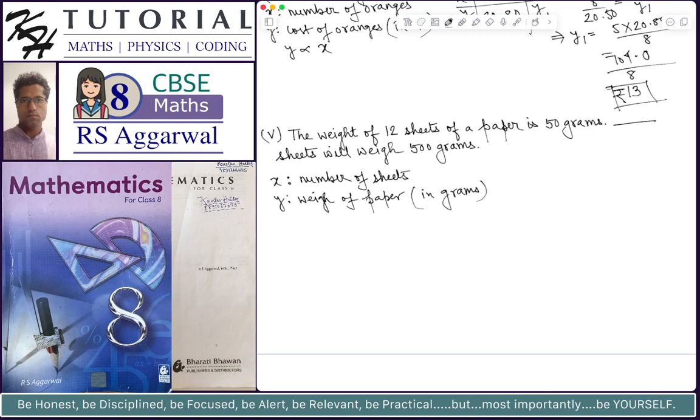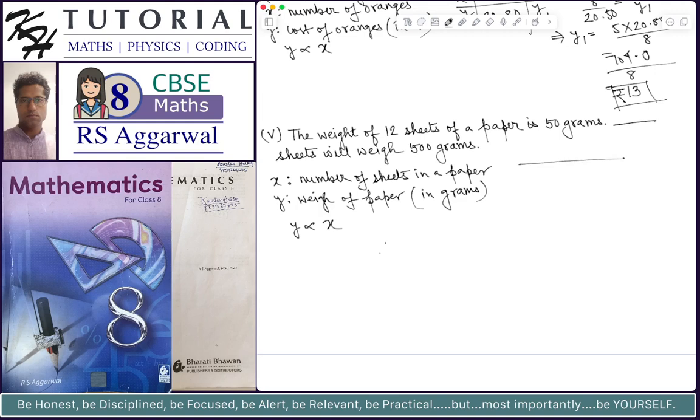So the quantity x is the number of sheets of paper, and y is the weight of the paper in grams. Clearly we can say that the quantity y will vary directly with x, because the more sheets, the more the weight of the paper, and the fewer the sheets, the less the weight of the paper.